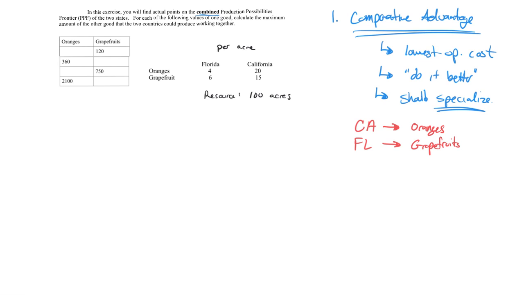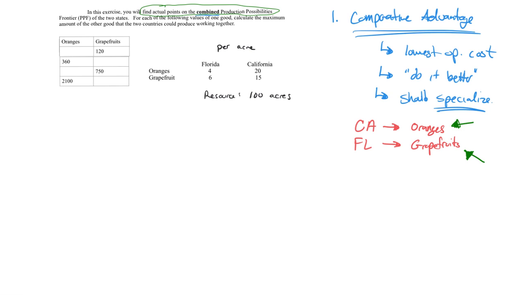So if we are asked to find the points on the combined production possibilities frontier, we want to make sure that California is putting all their resources towards oranges when they can, and that Florida is putting all their resources towards grapefruit when they can.